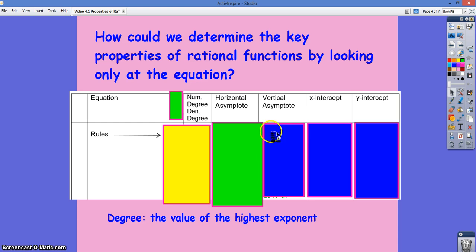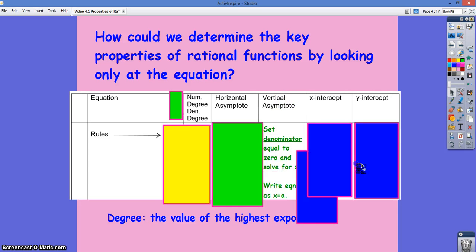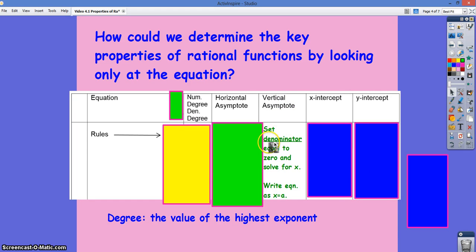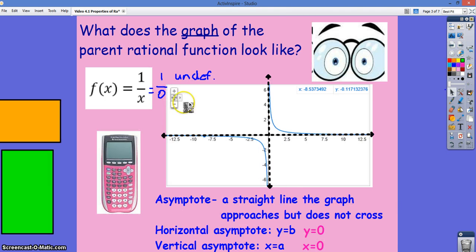Okay, we're back. Let's start by finding the vertical asymptote. The vertical asymptote can be found by setting the denominator equal to 0 and solving for x. Okay, now feel free to pause the video as you need. Let's think back to our parent rational function, right? This was 1 over x.